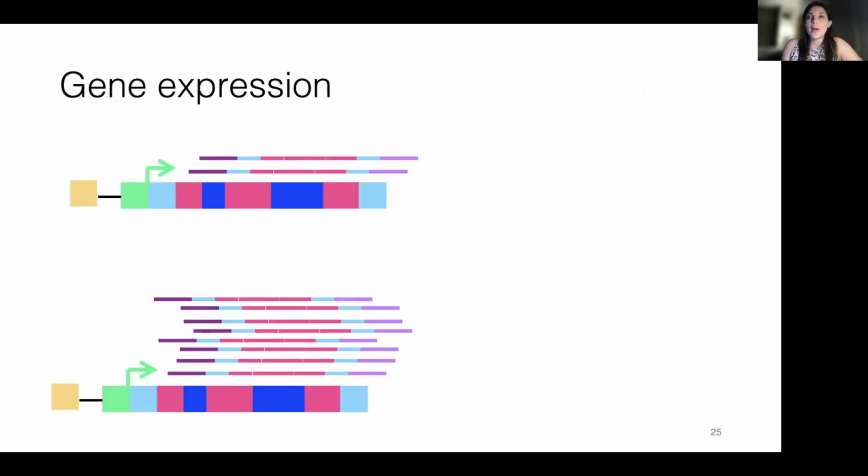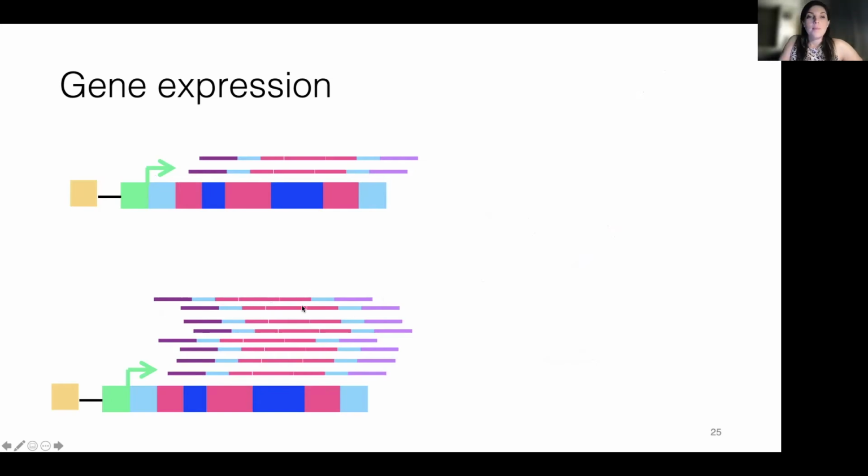So now we can move away from the regulatory regions that we've been focusing on and talk about gene expression. So back to this little cartoon where I have the colored parts of the genome with the exons and introns. I'm also now showing you mRNA up above that has had the introns spliced out.